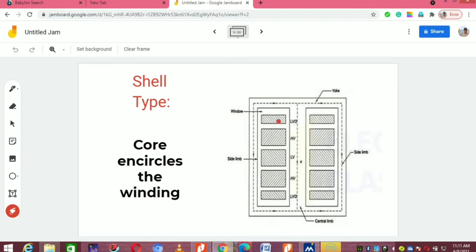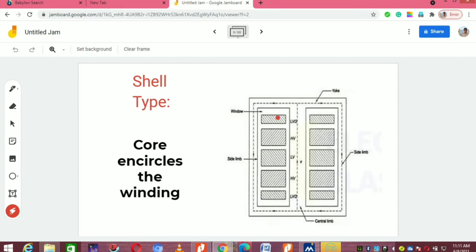This is the central limb, the center one, and we have side limbs also. This is side limb 1, this is side limb 2, and the yoke, the horizontal part, is the yoke, and the window area is also available. The area between the yoke and legs is called the window. That is the window area.